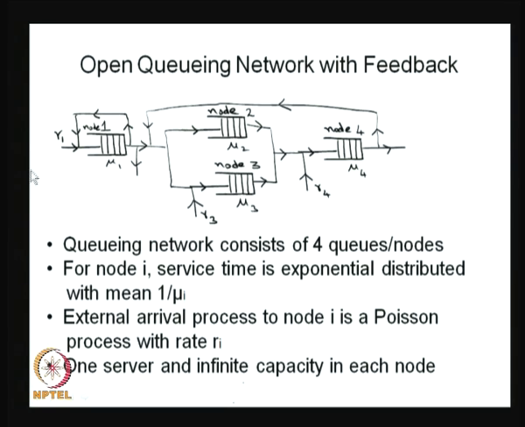The external arrival process to node i is a Poisson process with rate R_i.